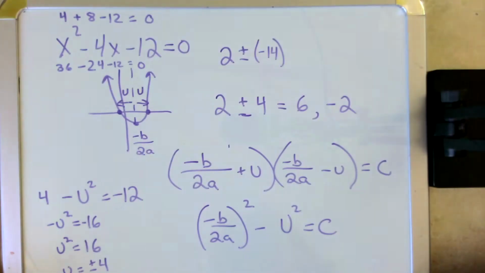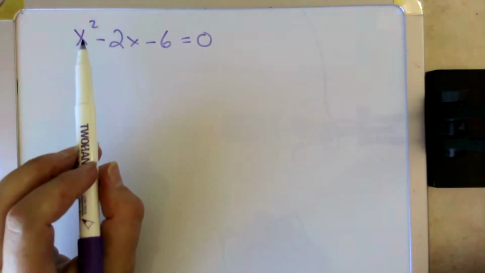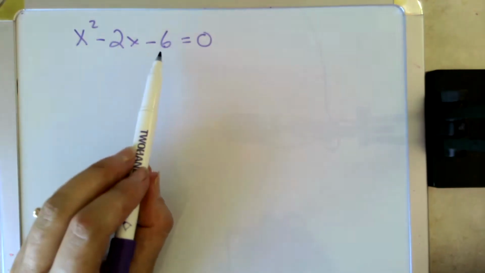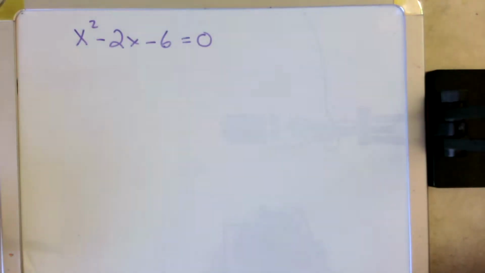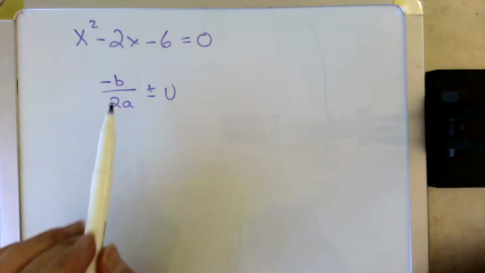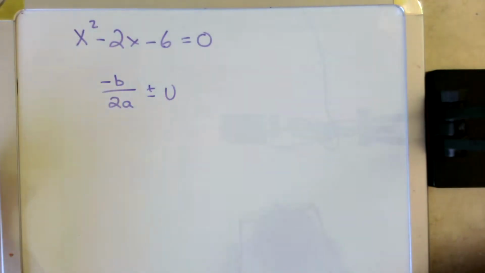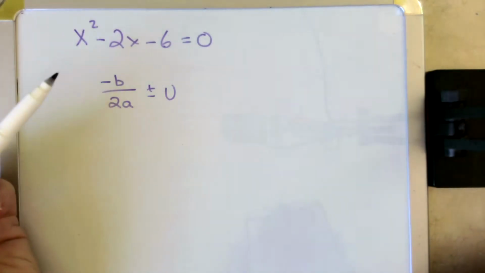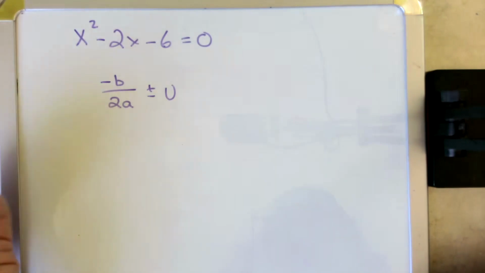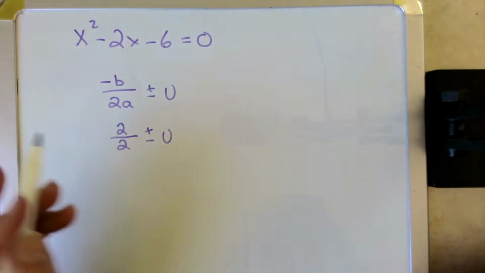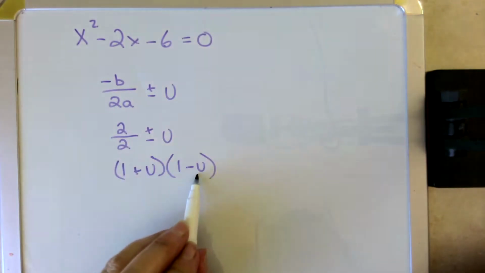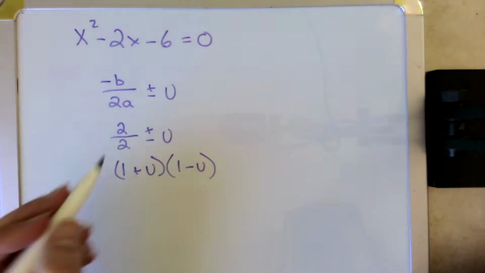Now let's take a look at one that otherwise would have given us a whole lot of trouble. Let's say we want to apply it to x squared minus 2x minus 6 equals 0. Again, basing it on the idea that our two answers will be equidistant from our vertex, negative b over 2a plus or minus u is our starting place. Our b is negative 2, our a is 1. So our two answers are 1 plus u and 1 minus u, and we know those multiply to our c.